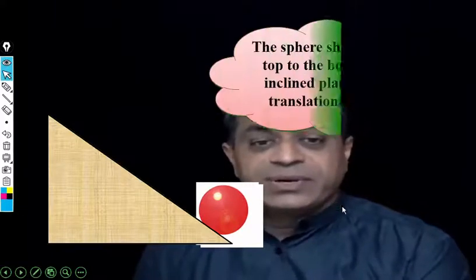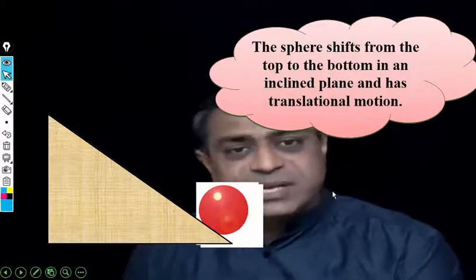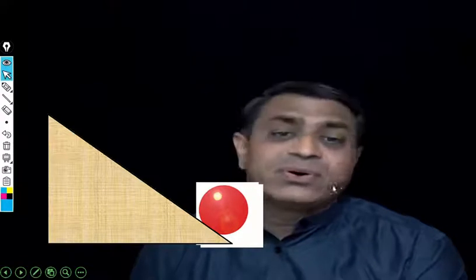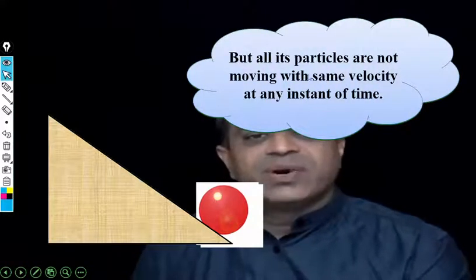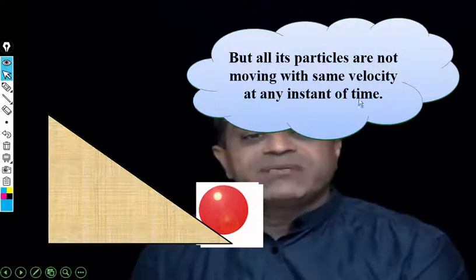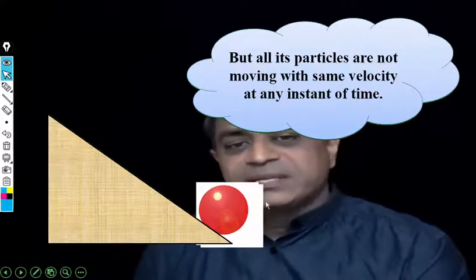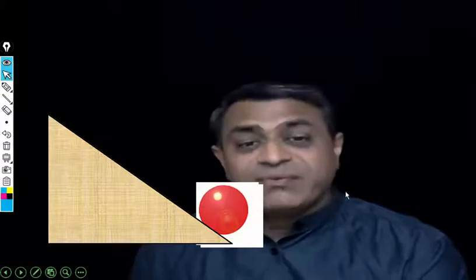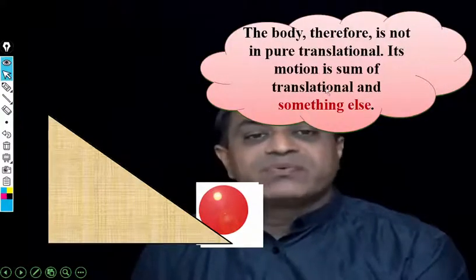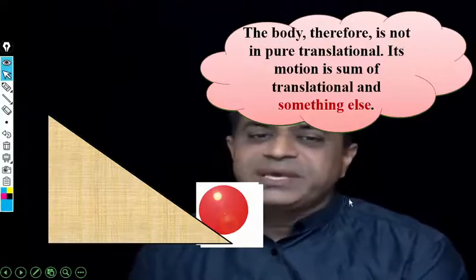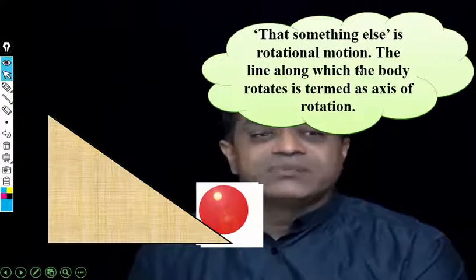So this motion includes not only translational motion, it also includes something else. All the particles are not moving with the same velocity at an instant of time; all particles are moving with different velocities. So its motion is a sum of translational and something else. That something else is called rotational motion.